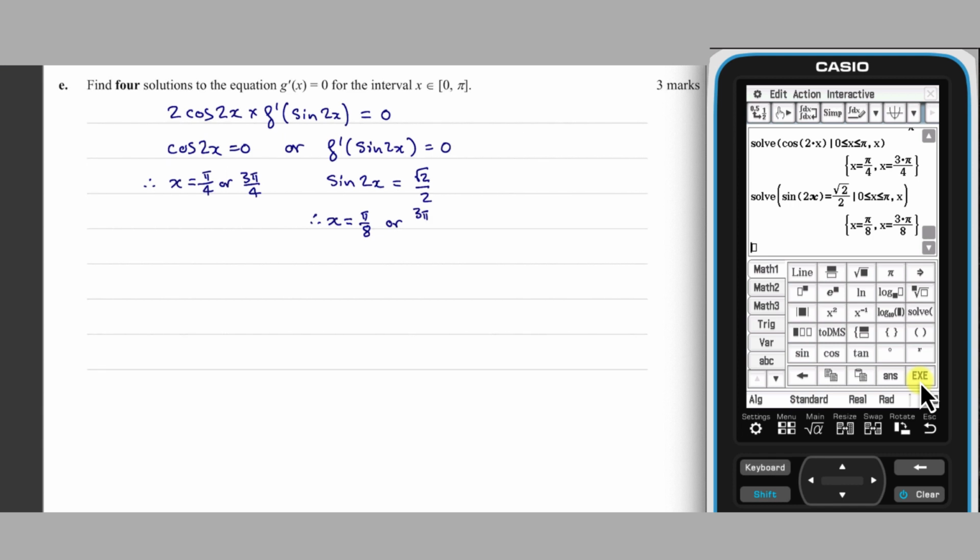This gives us the 4 solutions we were looking for.